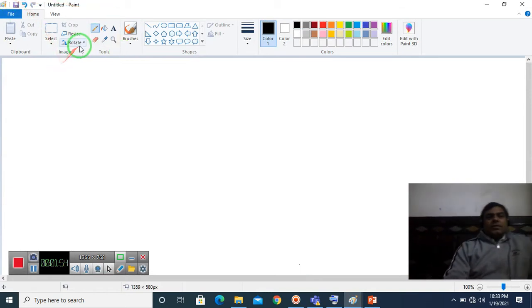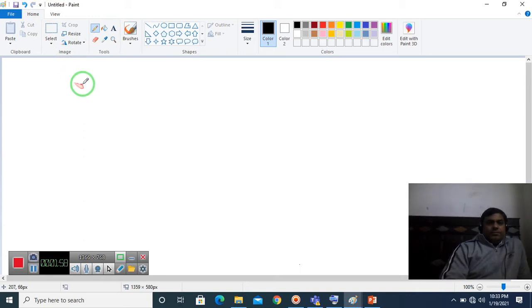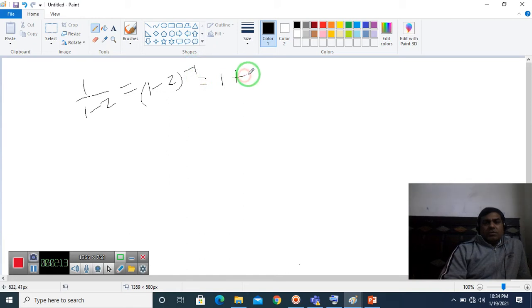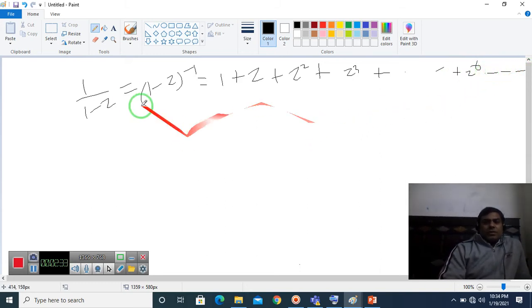As we know, 1 upon 1 minus z, that is 1 minus z to the power minus 1, has the expansion 1 plus z plus z square plus z cube, and so on, plus z to the power r, and so on. So differentiate both sides with respect to z.